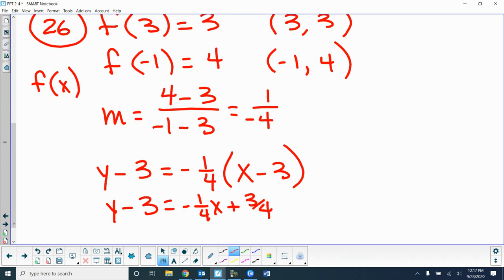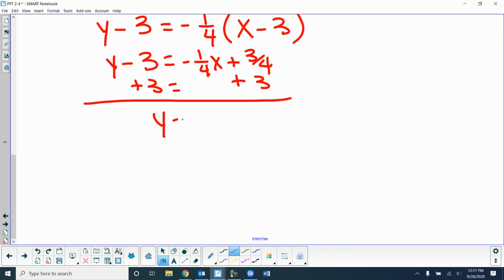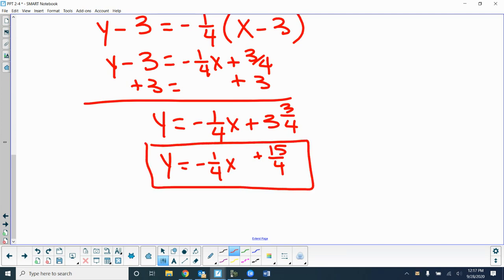A -1/4 times -3 is a +3/4. And then add the 3. We'll finish it up. Okay, you got 3.75, or if you go 4 times 3 is 12, plus 3 is 15. That's probably how you would see it written in the book for the answer.